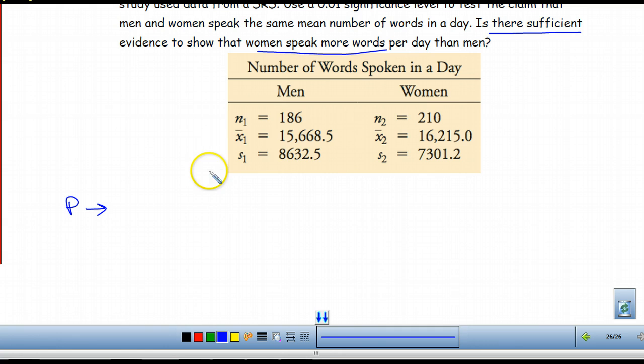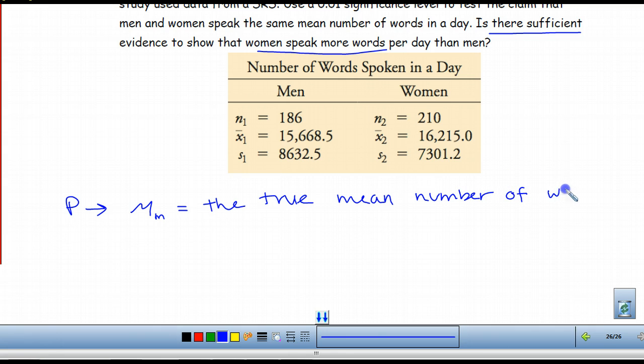So our P is going to be 2 mu's, and I have men and women. So I'm going to start with the men. So mu of the men is the true mean number of words men speak in a day.